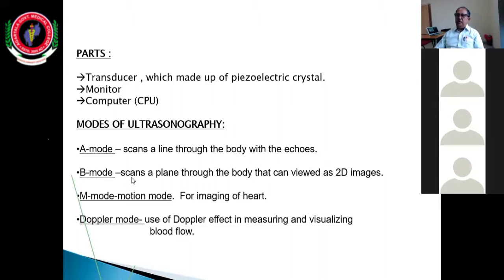B mode ultrasound is most commonly used in the whole body and to view 2D images. M mode ultrasound is the motion mode, utilized mainly to visualize heart pathology. And the Doppler mode is used for visualizing the blood flow of the arteries and the veins.